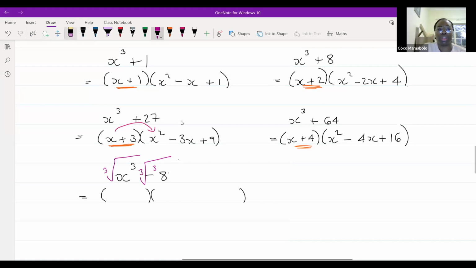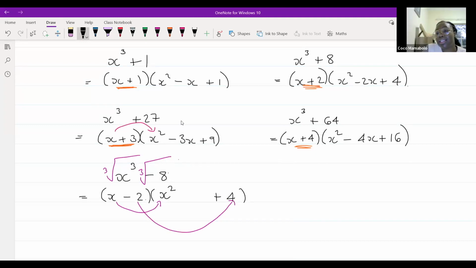So the cube root of x cubed is just x, and the cube root of -8 is -2, right? Now, to get what goes into the trinomial, I'm going to take x and square it. That goes there, x squared. And then I'm going to take -2 and square it. That goes there. -2 all squared is +4, right?